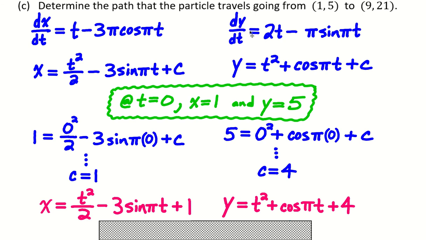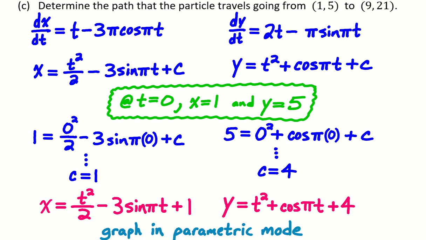So we had our velocity vector, basically. We integrated to get back to position, you know what I mean? And you can treat this as a parametric type deal and plug that into your graphing calculator in parametric mode, and that's how you quote-unquote determine the path by asking your calculator.